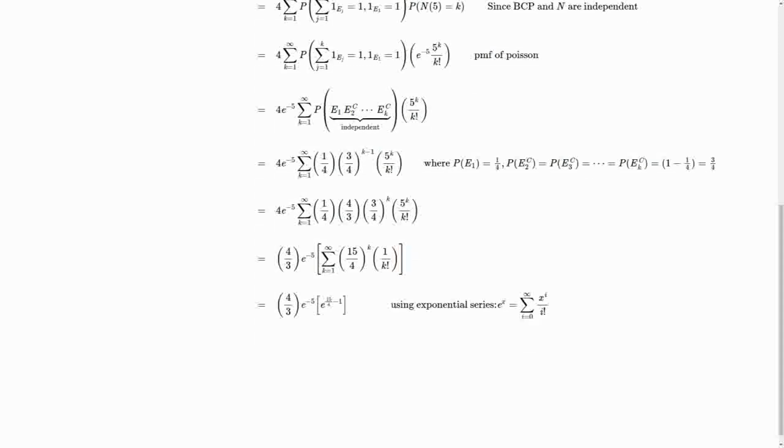Now the summation k is equal to 1 to infinity of (15/4)^k over k factorial, well, that's the exponential expansion, except we don't have the k is equal to 0 term, i.e. we don't have the 1 term. And so we can add and subtract 1 to get e to the 15/4 minus 1 for that factor, pre-multiplied by 4/3 e to the minus 5, and then substitute everything in the calculator to get 0.373023.